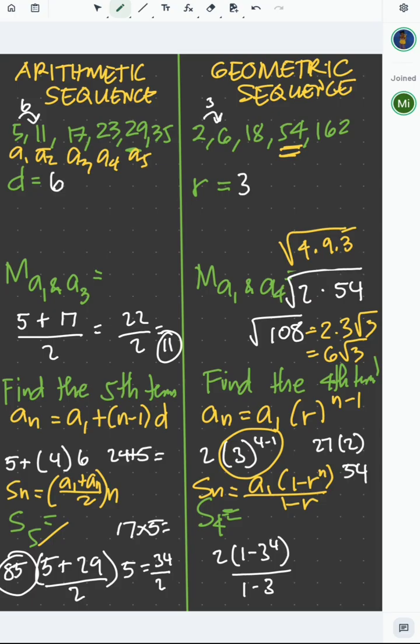Mhm. 3 to the power of 4 is 81. Okay. You have 1 minus 81 times 2, right? Don't forget the 1 here.